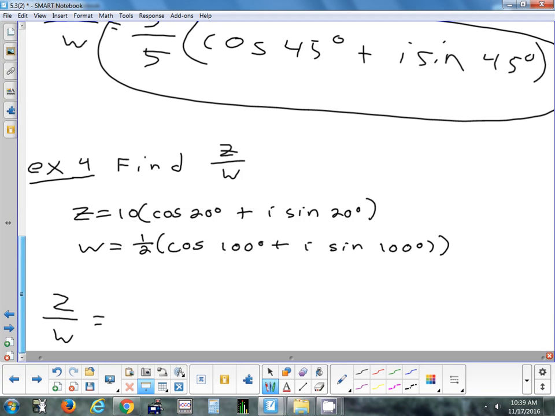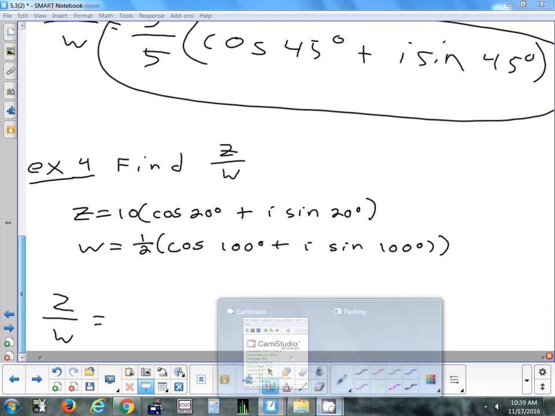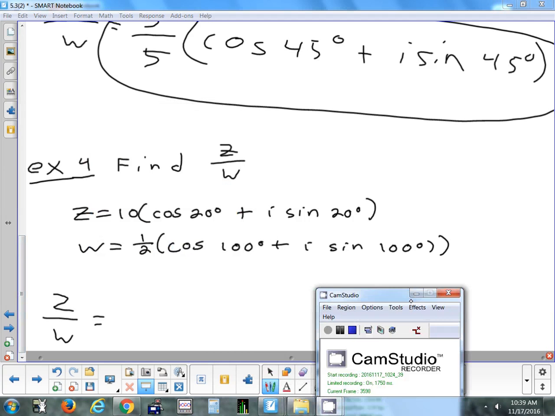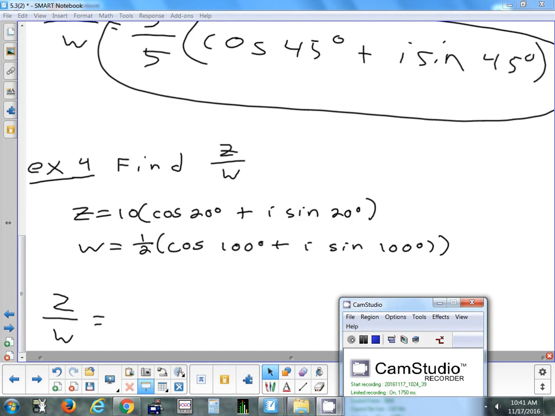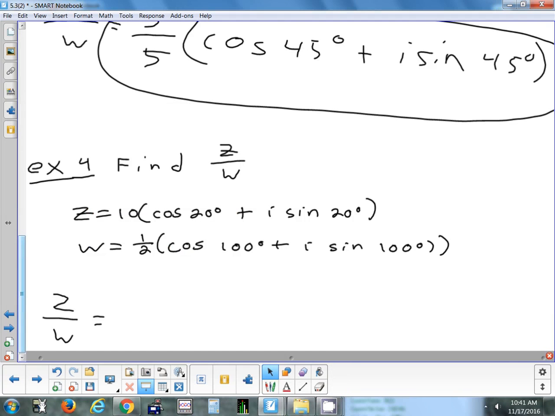See if you can find z divided by w. All right, Tyler, can you walk me through just the radius? How do I find it? Can you tell me what divided by what? 10 divided by 1/2.